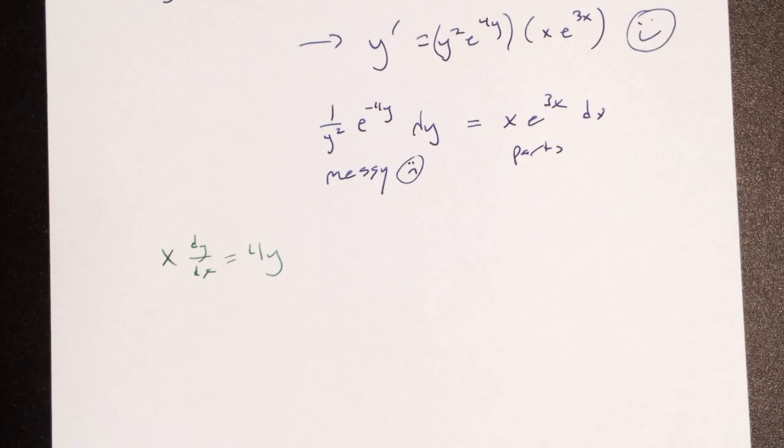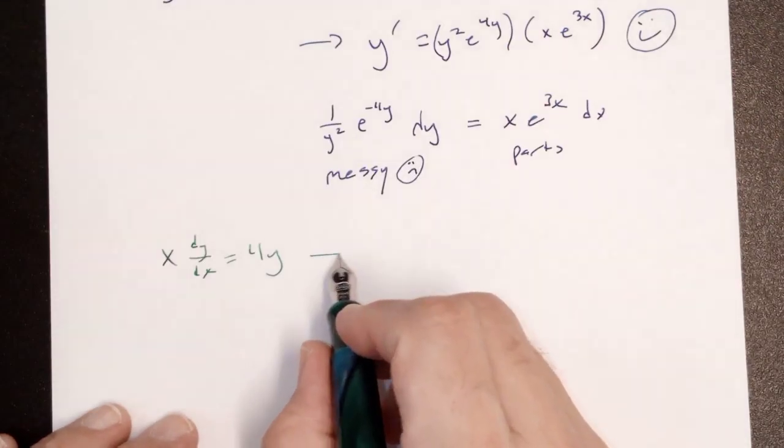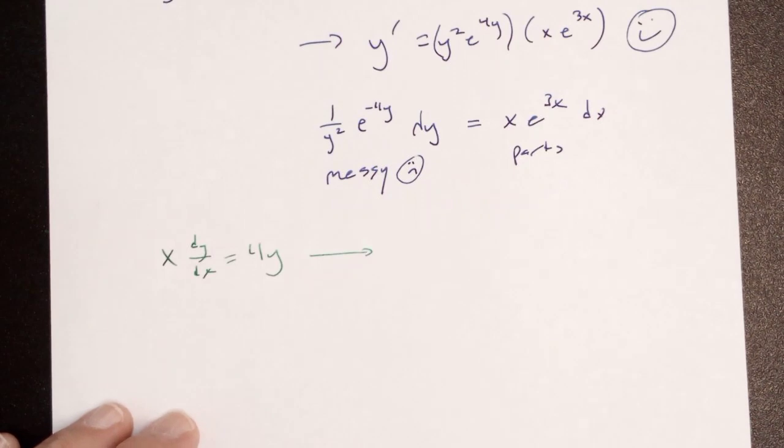So write the separated version. What do I get when I separate?